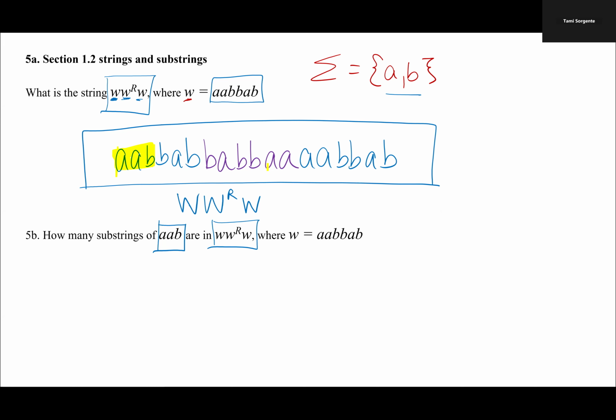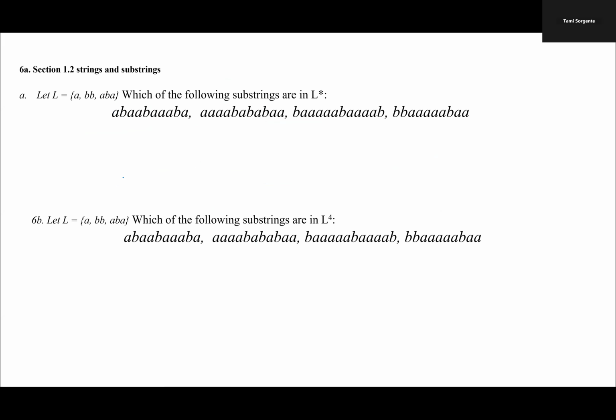No, no, no, no. And here we have another substring of AAB. So the answer to question 5B would be that we have 2 substrings of AAB. Oops, I'm still on highlighter mode. I've got to get back to pen. It would be nice to highlight it and indicate those substrings.